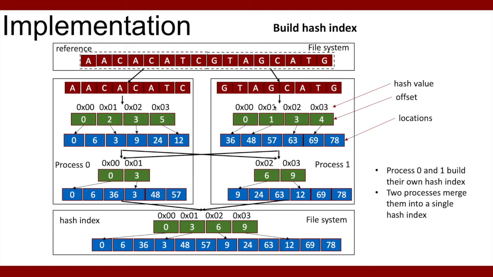We use the buckets to count the number of occurrences of each seed. Then we compute the prefix sums of the bucket arrays. The prefix sums are used as offsets for each seed. The locations of each seed are stored in the array according to the corresponding offset. After each process has calculated its own hash index, we merge them into a single hash index.